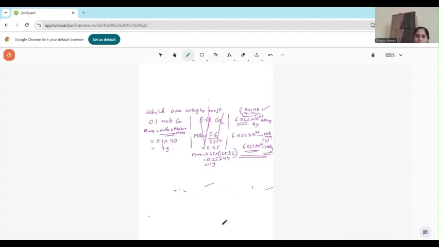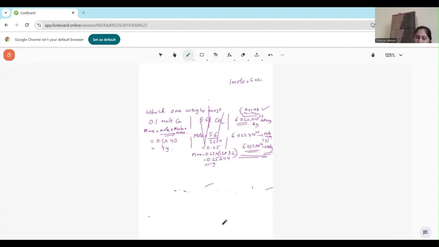There's another way of doing it, though this is a little bit lengthy, so I just try to do it directly. 1 mole contains 6.022 times 10 raised to 23.